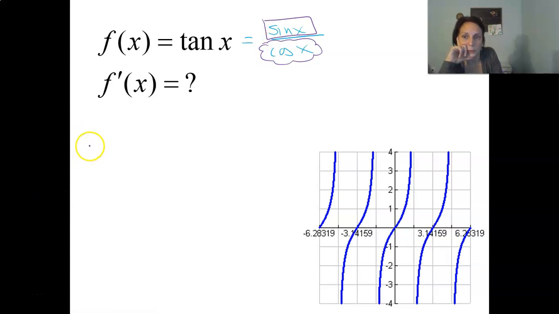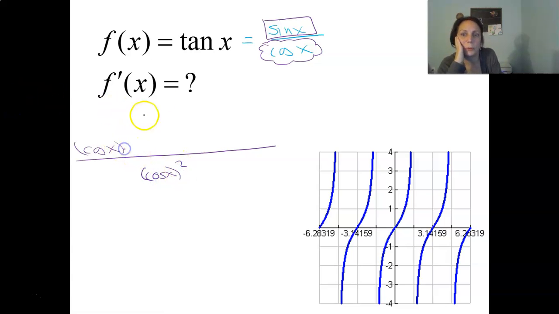To take my derivative, I'm going to start with my denominator, and I'm going to end with my denominator. So denominator, derivative of the numerator. The derivative of sine is cosine. I see a cosine squared. Minus numerator, sine x, times the derivative of the denominator. The derivative of cosine is negative sine x.